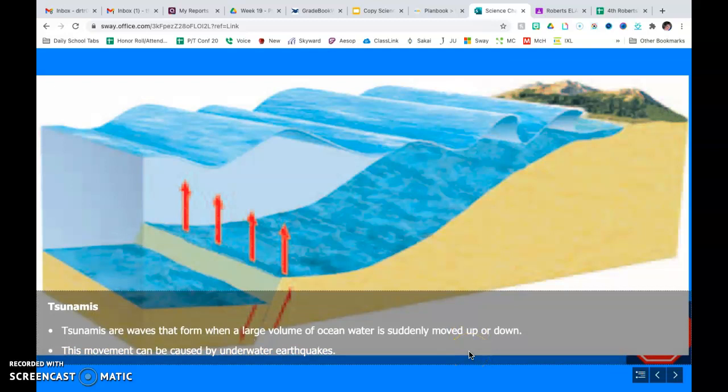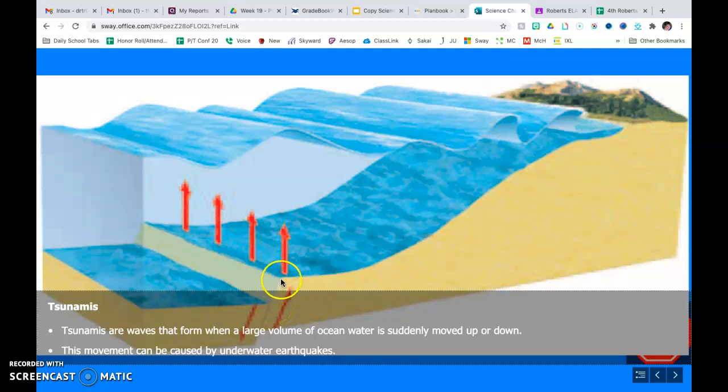So once you go back and watch the Brain Pop and those clips, you'll understand tsunamis a little better. But they are waves that form when you have a large volume of ocean water that suddenly moves up or down. Most of the time, this is caused by underwater earthquakes.